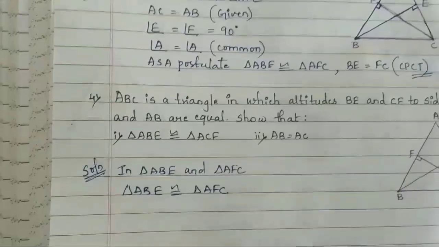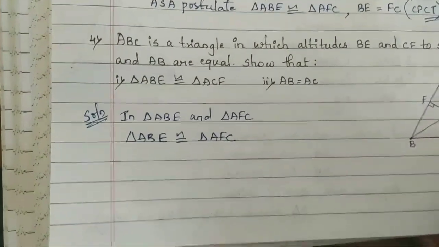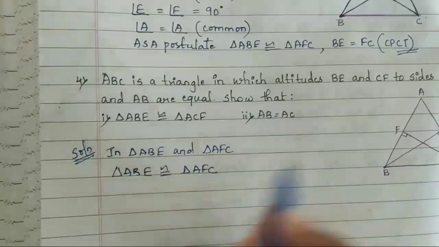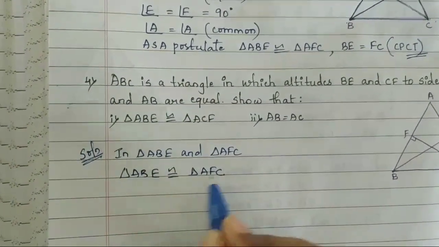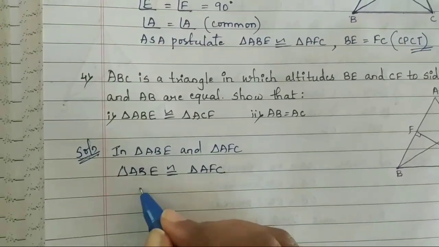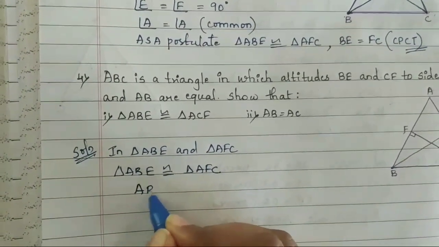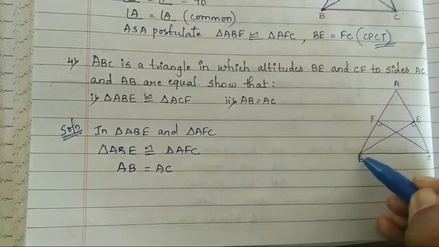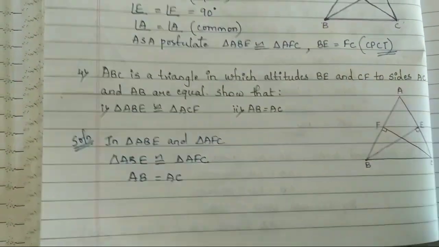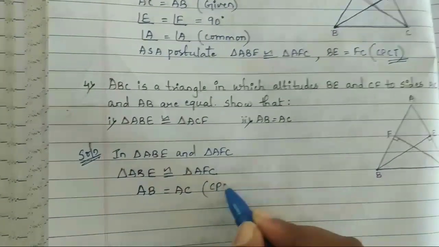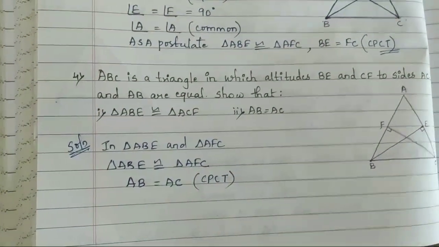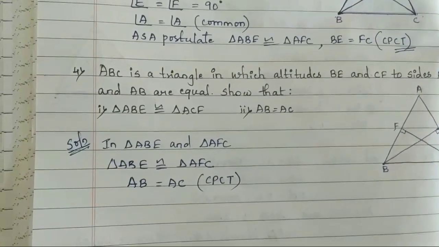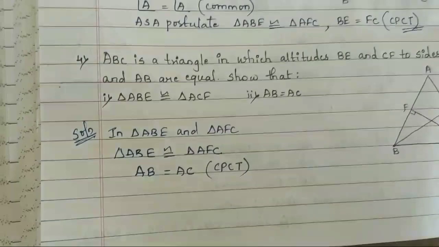Then the second part we have to show here is AB is equal to AC. As both the triangles are congruent, we can directly write that AB is equal to AC because of CPCT, the corresponding parts of the congruent triangle.